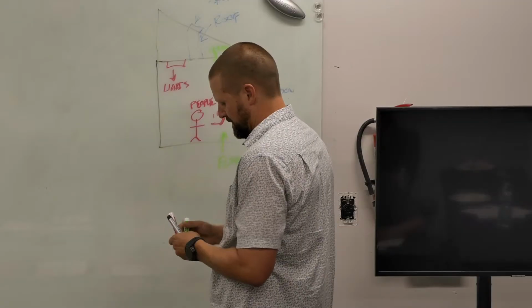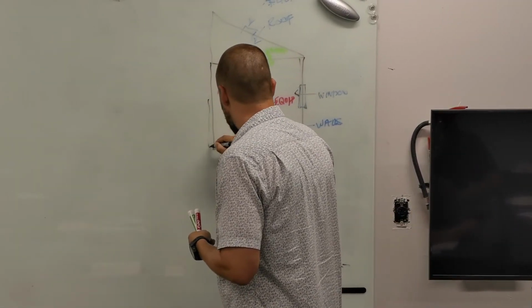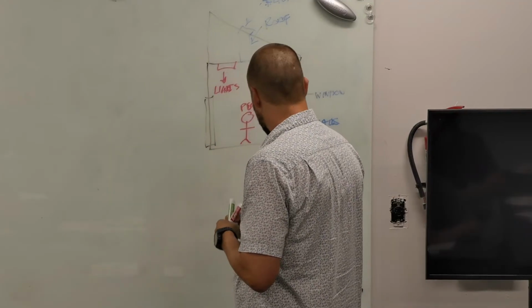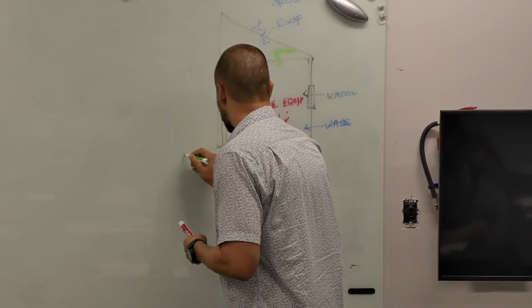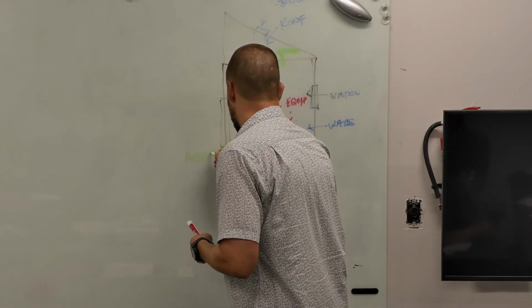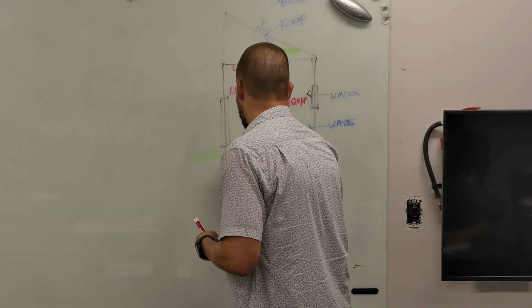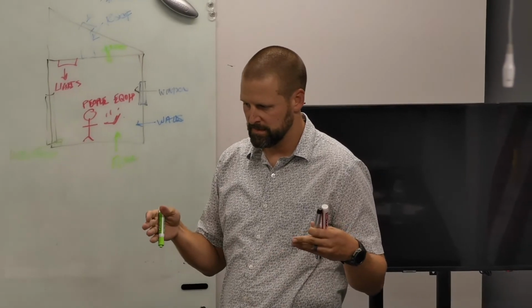To do that, let's draw a door on this thing. So infiltration would be, buildings are not perfectly separate from the outdoors.